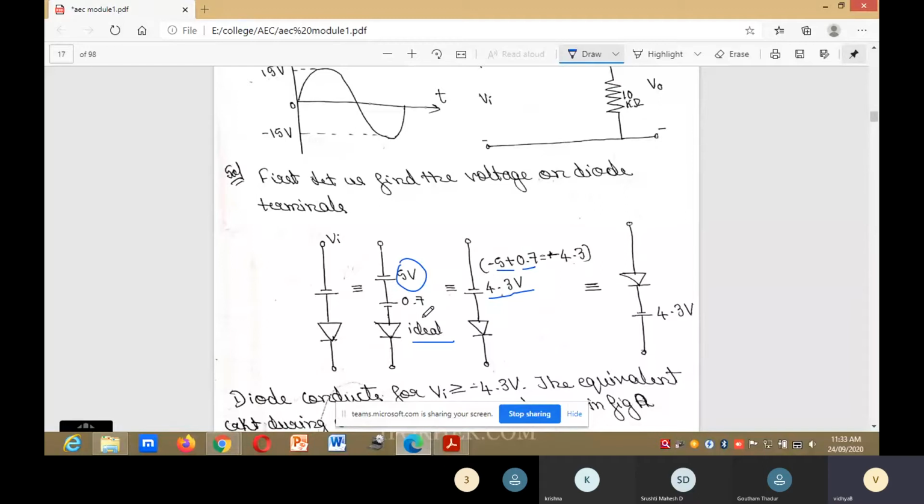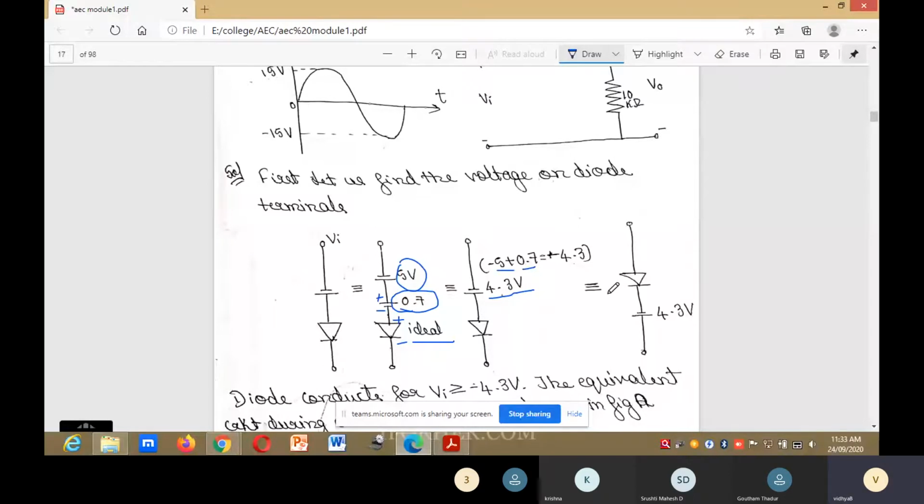That is VR. In the diode symbol, first is positive and here negative, so you need to take the same for the voltage level. Silicon value is 0.7. When you consider 0.7, you draw first positive and next negative.